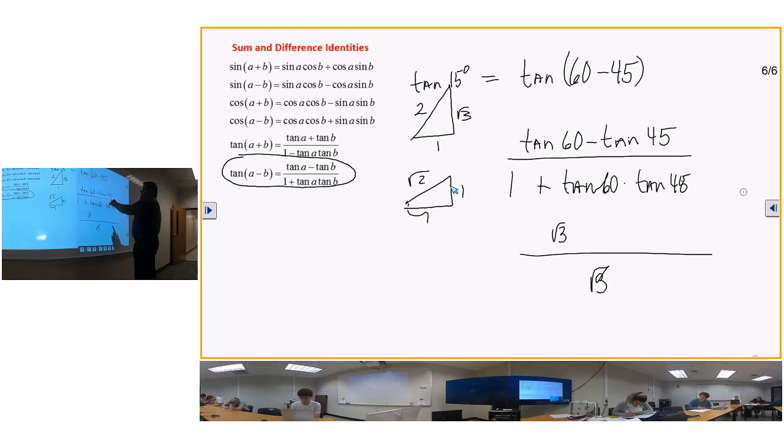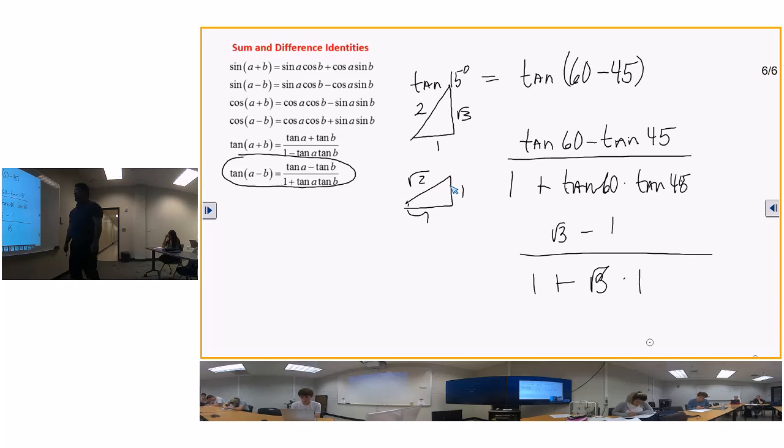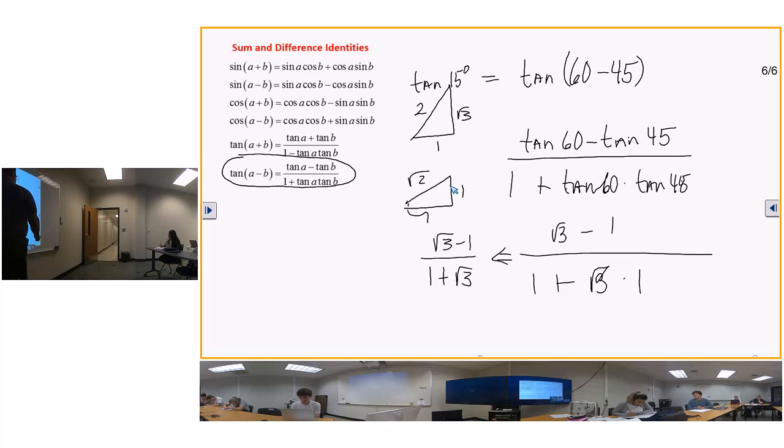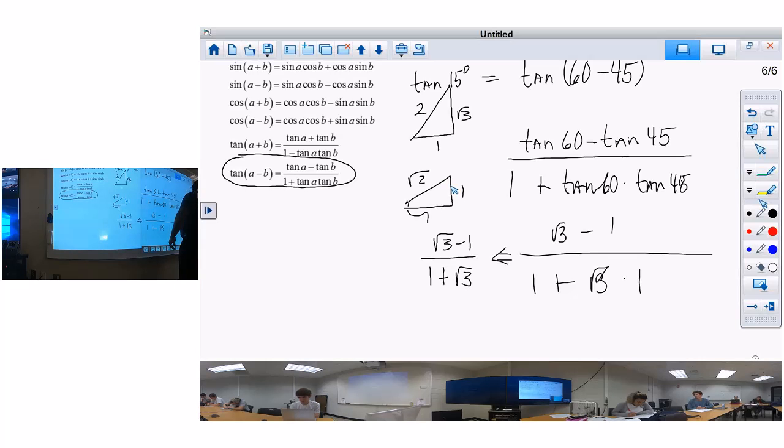And then the tangent of 45 is 1. So that's going to be 1 right there, and a 1 plus here, and then times 1. And then, of course, we're going to have square root of 3 minus 1 over 1 plus the square root of 3. And the conjugate? 1 minus square root of 3.